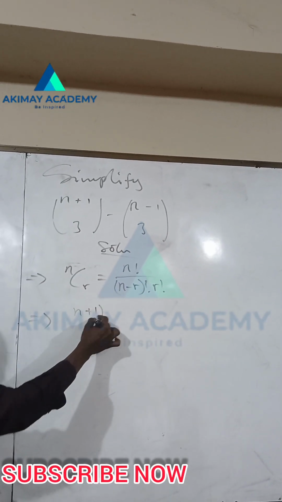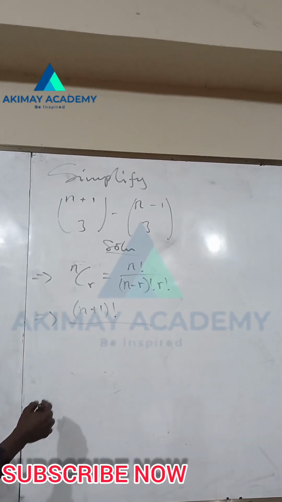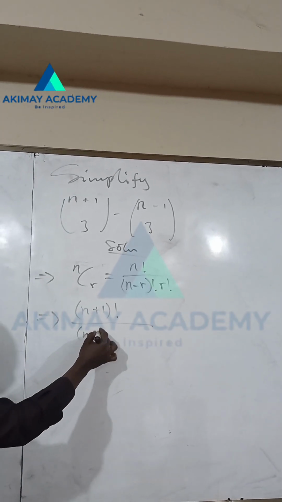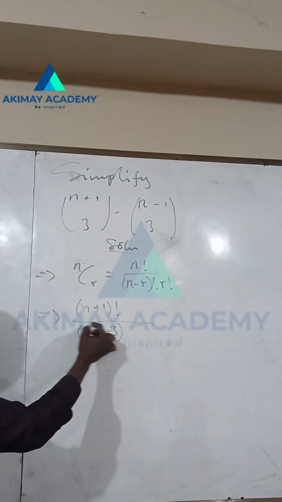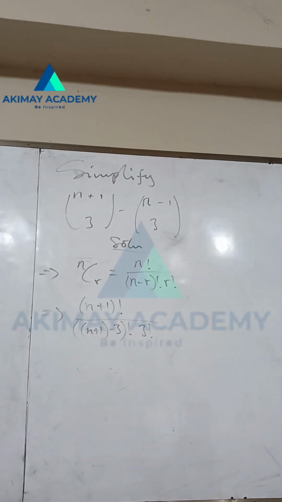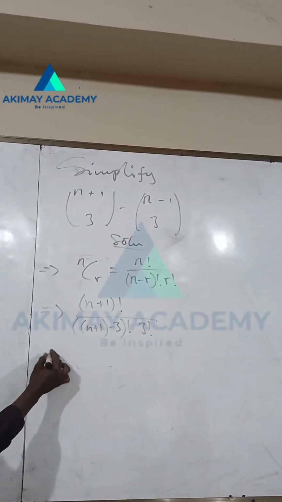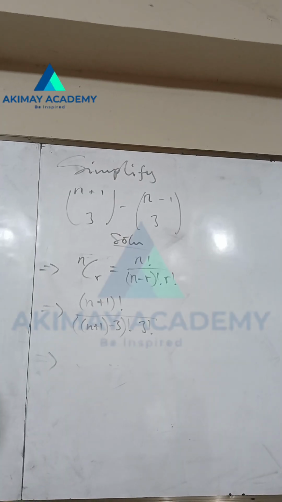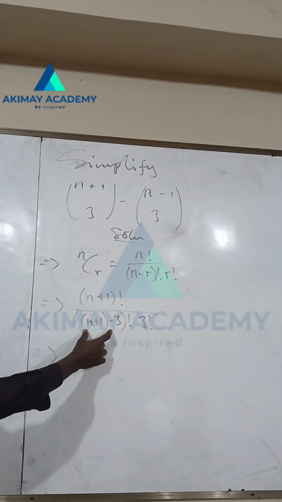So we are going to have n plus 1 factorial out of n plus 1 minus 3 factorial 3 factorial. I hope you can see that. Good. So we are going to have, we can simplify the denominator over here.